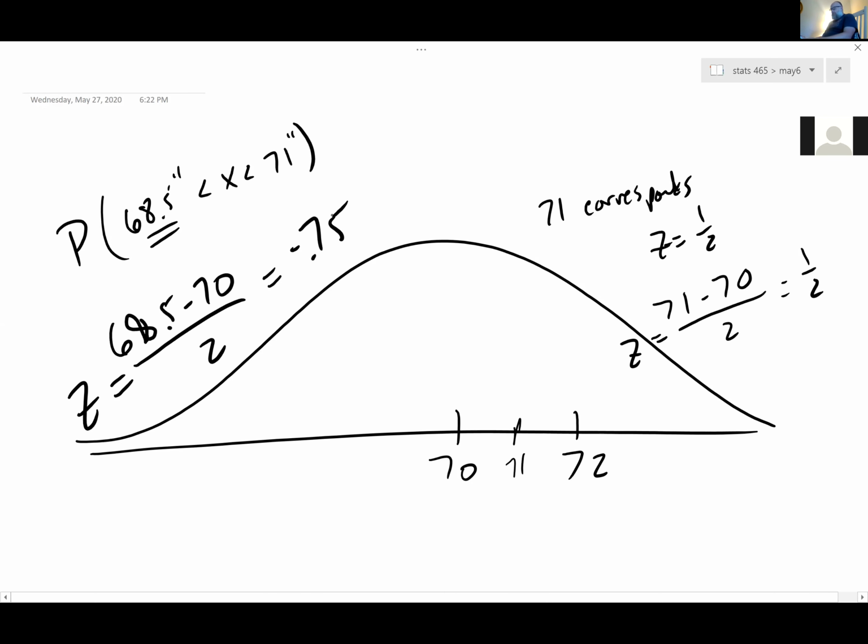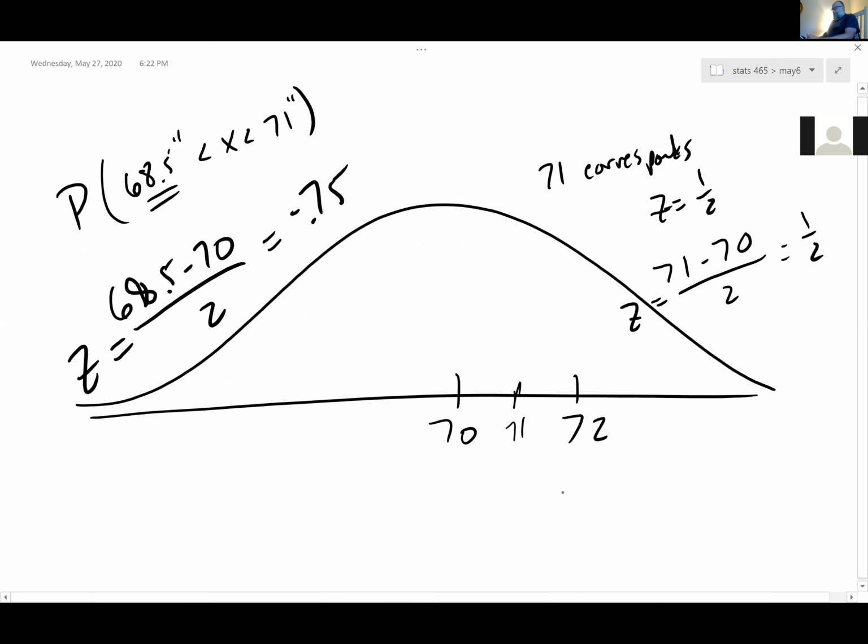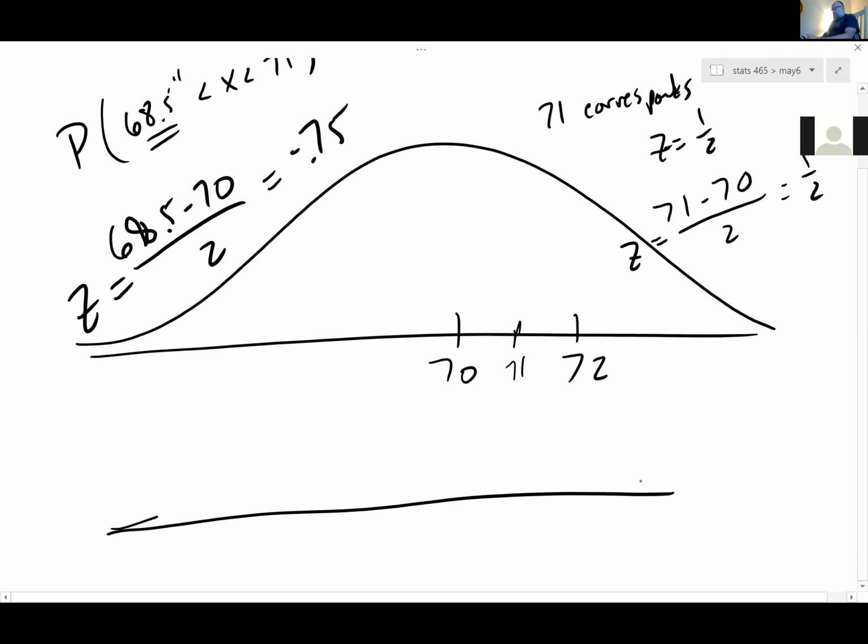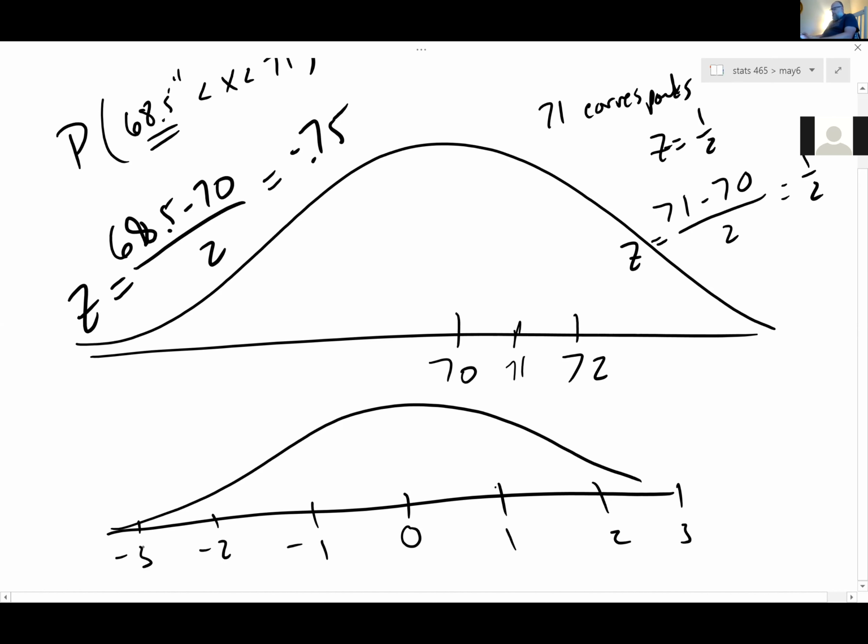Okay. Now those are the z-scores. So again, what we're actually computing is this guy. Here's 0, 1, 2, 3, -1, -2, -3. And we're computing from about here to about here is what we're looking for. Okay. Now in Excel, let me share that with you.